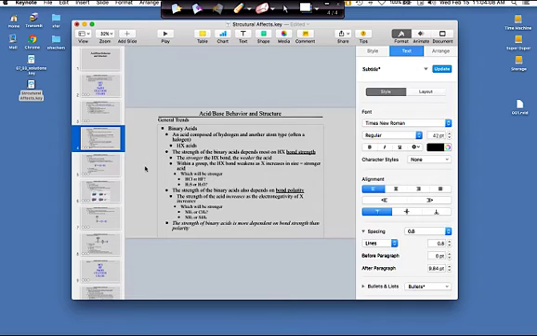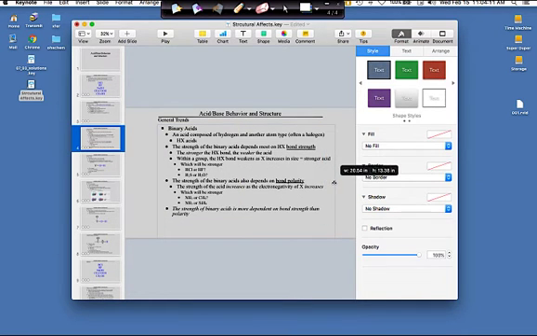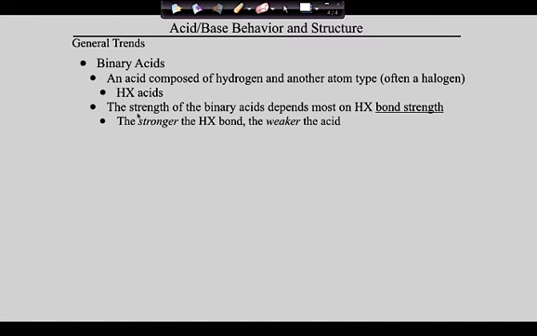So yeah, the size of X is negatively correlated with the bond strength, which is correlated with acid strength. So the bigger the atom, the stronger the acid. You buy it? And the reason bigger atoms make stronger acids is because they make weaker bonds. Groovy? Okay. No, let's just leave it at that.